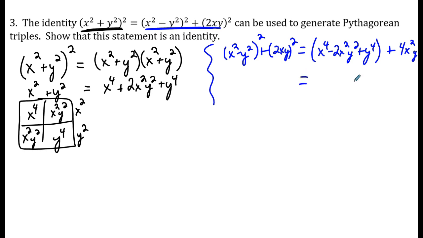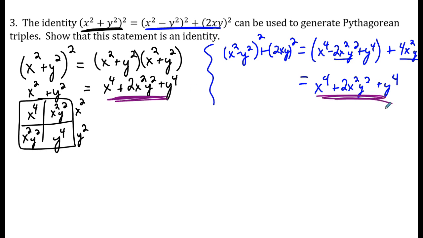Okay. Combine like terms. I have x to the fourth minus 2x squared y squared plus 4x squared y squared gives me 2x squared y squared plus y to the fourth. Well, wait a minute. These two things are actually the same. So we've proven that this identity is true.